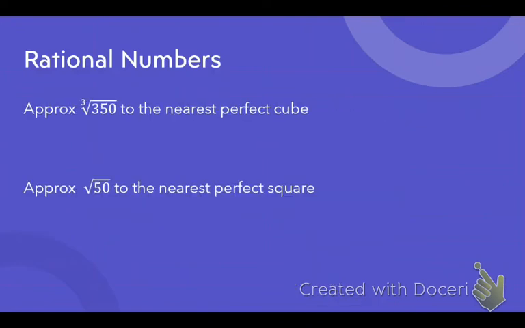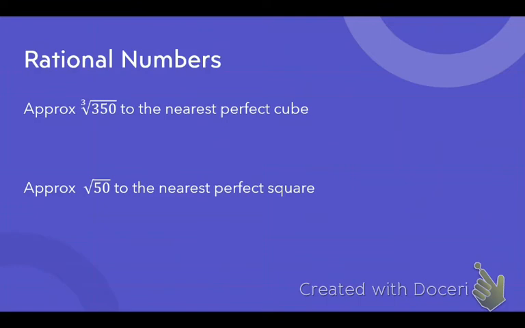All right, I want you to approximate the cubed root and the square root to the nearest perfect square, then take the root, okay? So I'm going to ask you to approximate this to the closest integer. You do that by rounding it to the closest perfect square or perfect cube and then take the root of that number. Go ahead and do that.